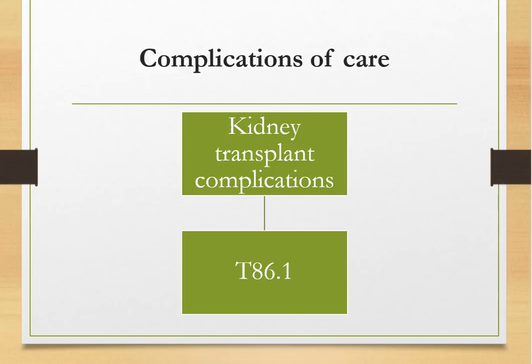Now, for patients who have CKD following a kidney transplant but do not have a complication such as failure or rejection, you're going to go back to chapter 14, and we talked about chapter 14 previously.